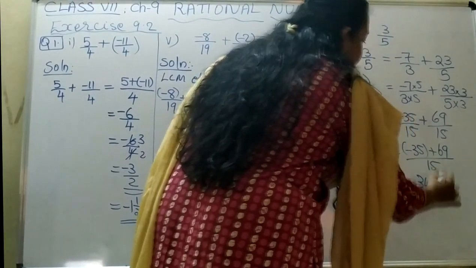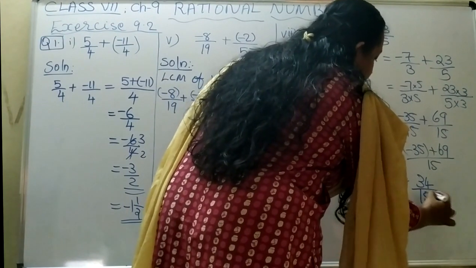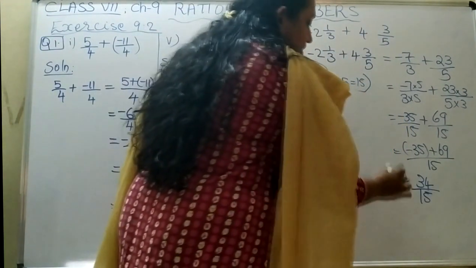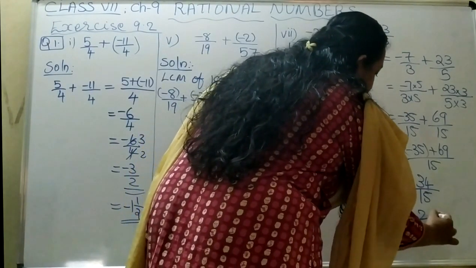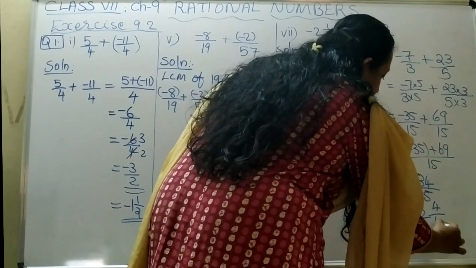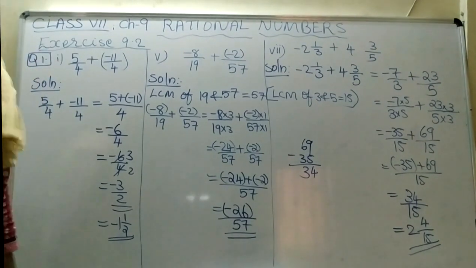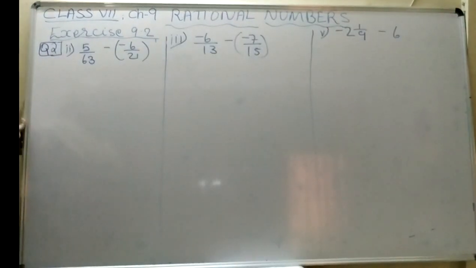The sign of bigger number is positive. So we are getting the answer as 34 upon 15. It is in the improper fraction, so we can convert it into mixed fraction. 2 integer 4 upon 15. Next is question number 2.